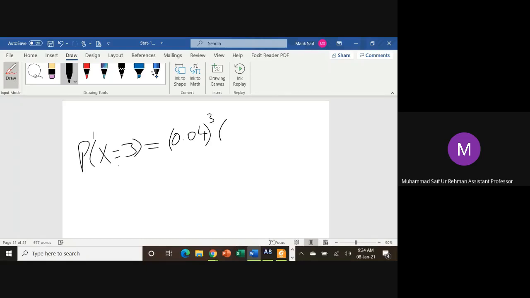Then e power minus mu. e is a constant number, and you will simply take the power for e and divide it by 3 factorial. So what will be the answer for exactly 3 bags lost in 500 flights? What is the answer? Yes, quickly.